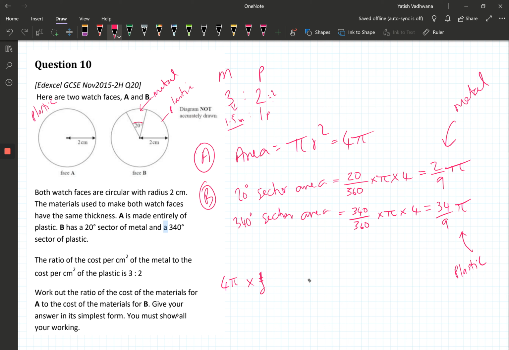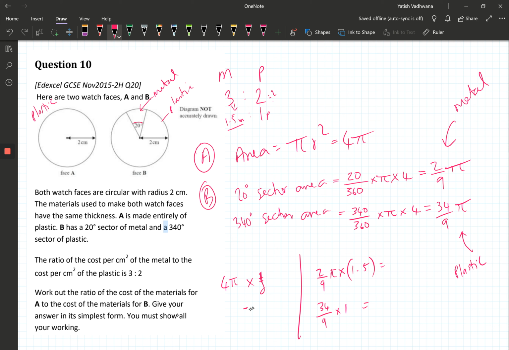And then for watch B, we know it's going to be 2/9 pi times, now this is the metal bit, so it's going to multiply by 1.5, and then the plastic bit is going to be 34 over 9 times 1. So this way we're working out the cost.